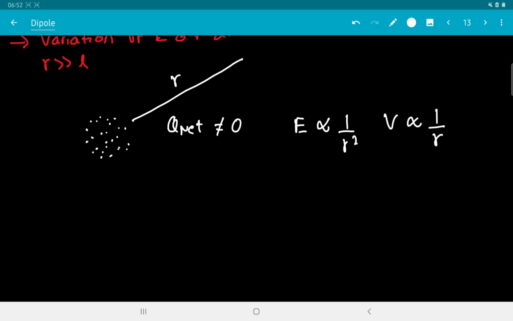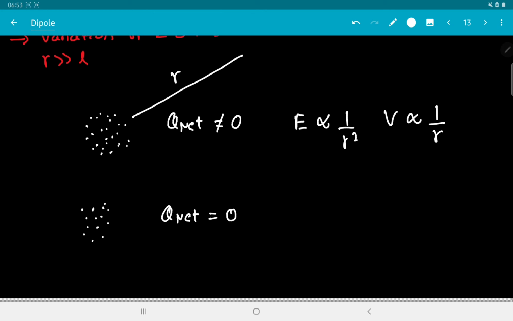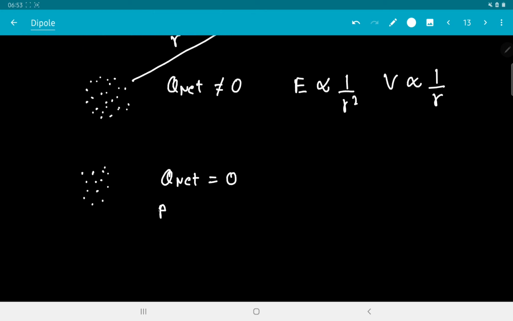Now we have used these formulas kp by r square and kp by r. But if a dipole is present in the collection of the charges, that means Q net will be equal to 0, plus and minus charges will be there, but let us say p net, or the net dipole moment, is not equal to 0.